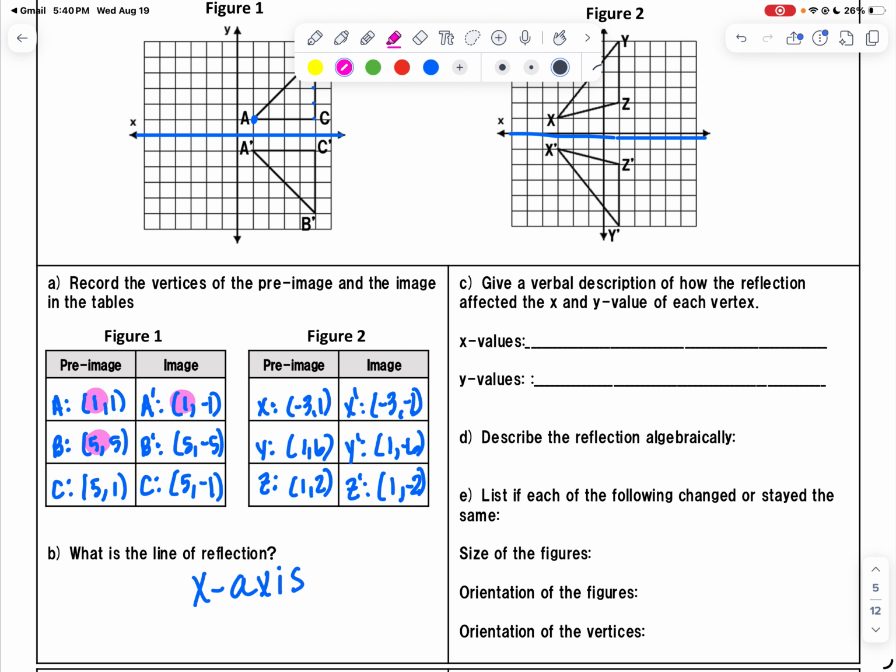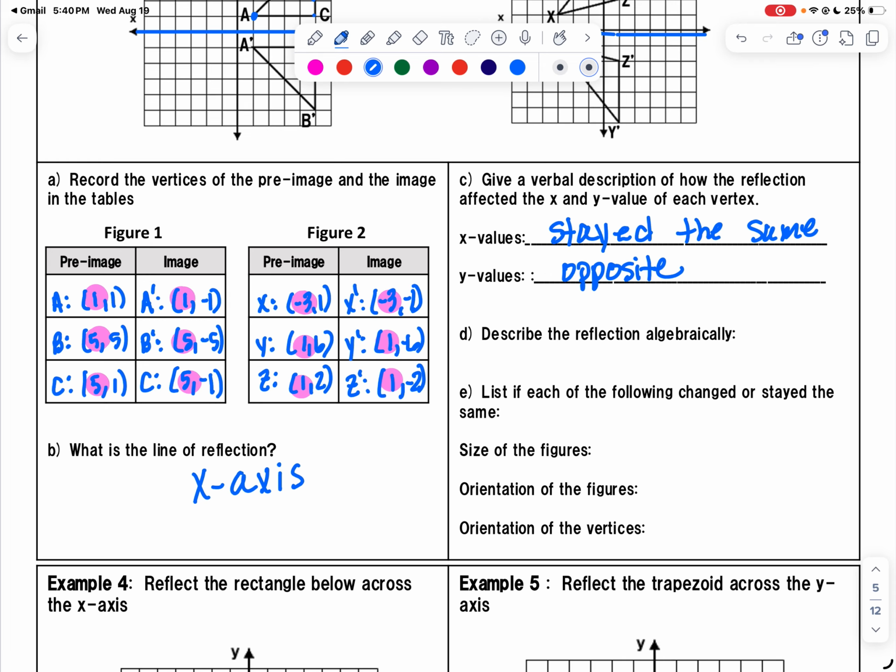Do you see how the x values stayed the same when we reflect over the x-axis? Very interesting. So when we reflected across the x-axis, the x values stayed the same, and the y values changed to the opposite.